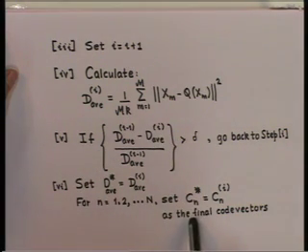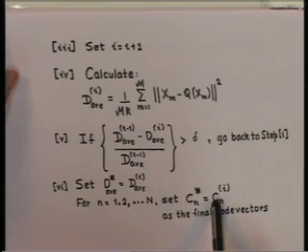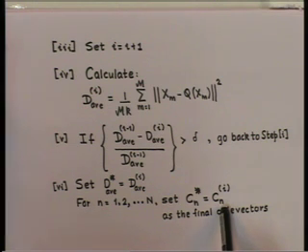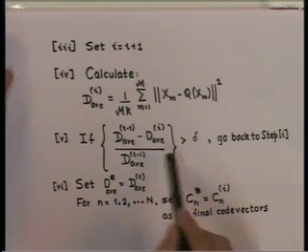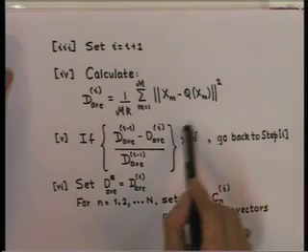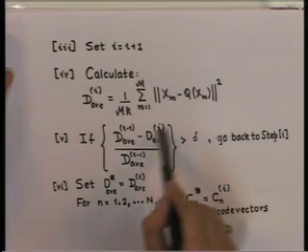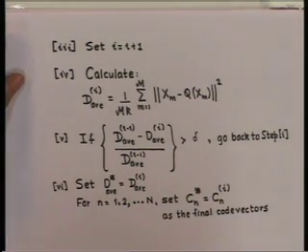And similarly, we set the final code words C n star equal to the updated code vectors which existed before exiting the loop at step number 5.